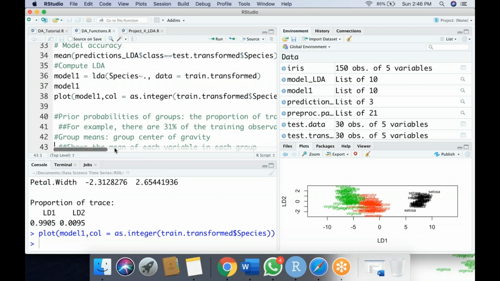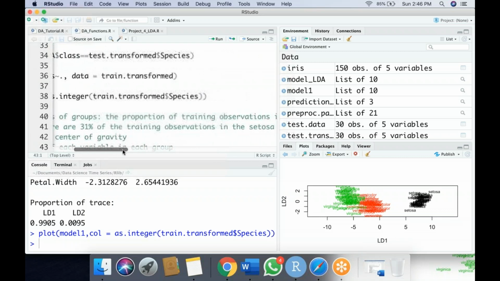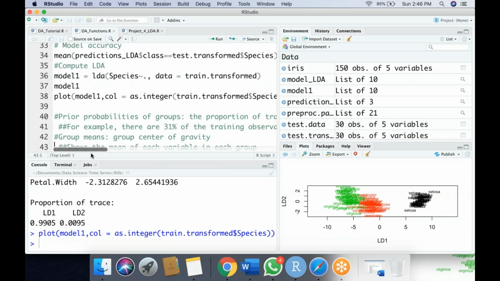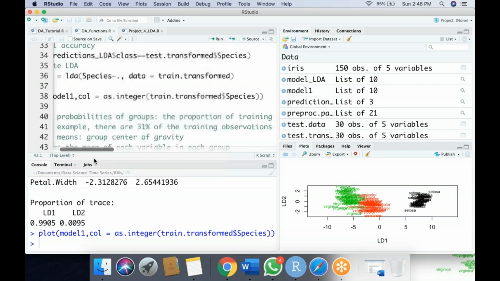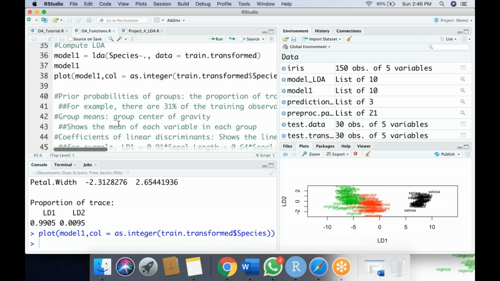So now, what are the prior probabilities of the groups? The proportion of the training observations in each group basically shows the prior probabilities. For example, there are 31% of the training observations in the Setosa group. These are the things we have to always remember, because yesterday we talked about two things.